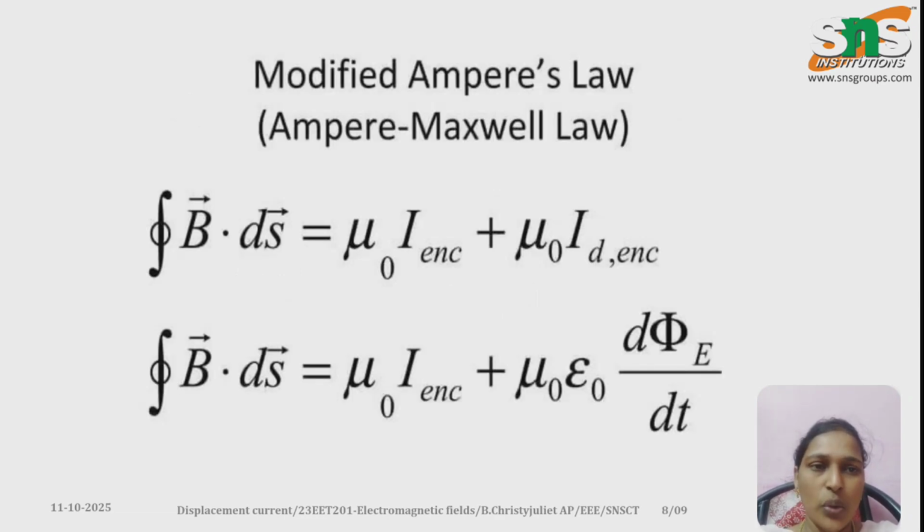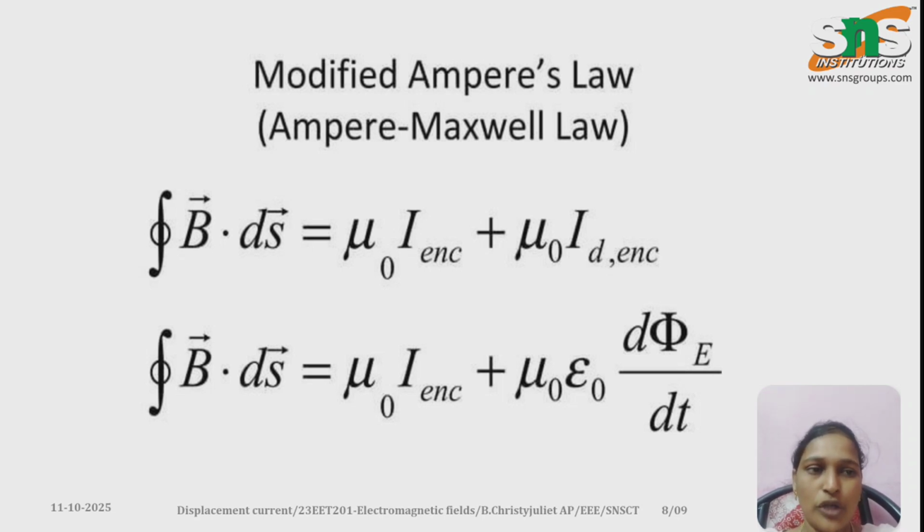Now we modify Ampere's law with Maxwell's hypothesis, thereby obtaining the Ampere-Maxwell law, which states that integral B dot dl is equal to mu naught I enclosed plus the displacement current, which is mu naught I_D enclosed.